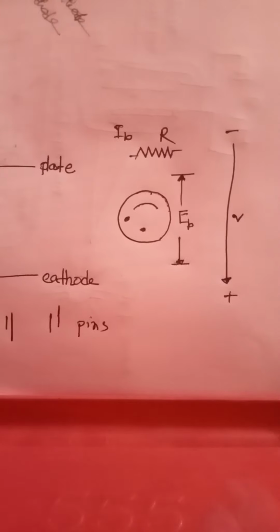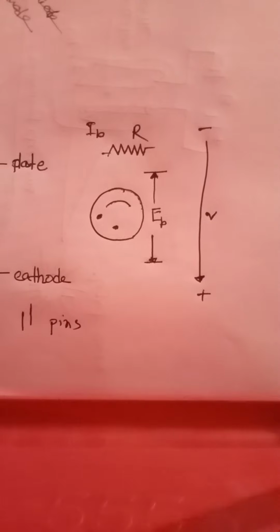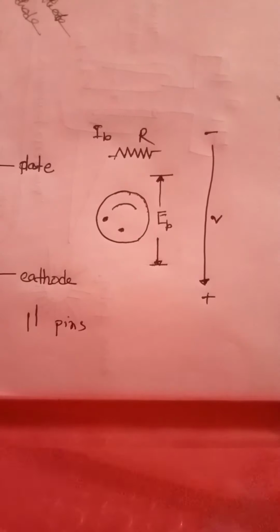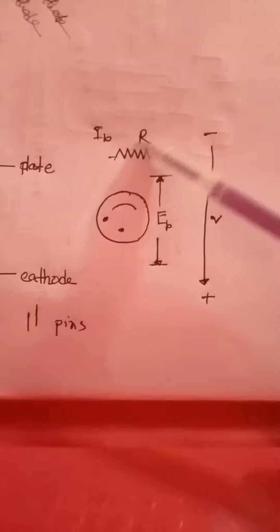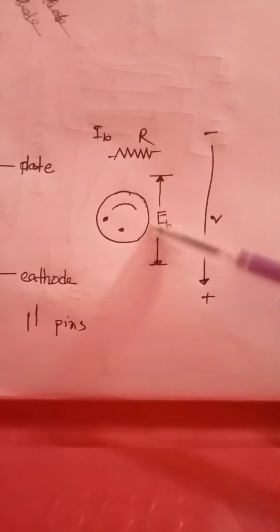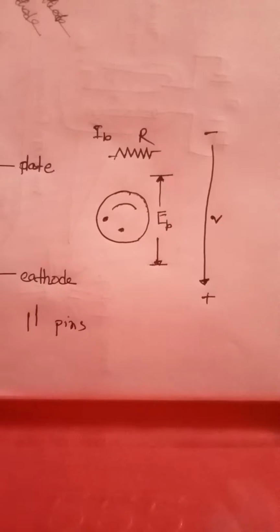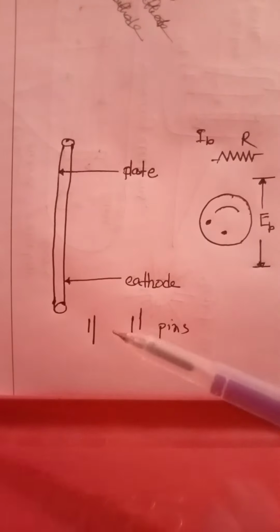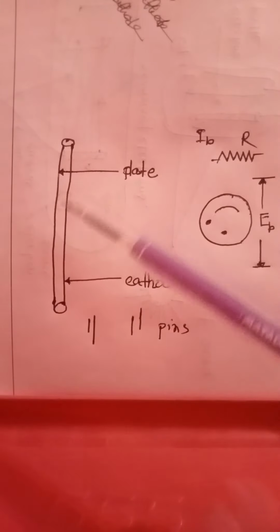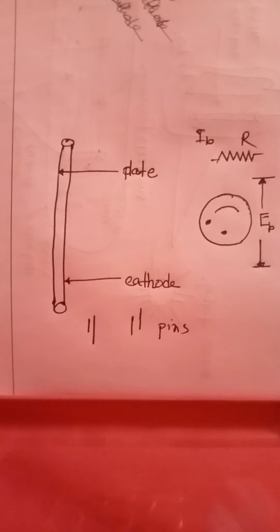In the circuit, the plate current flows through the resistance, with the anode terminal and the cathode terminal connected to the tube.